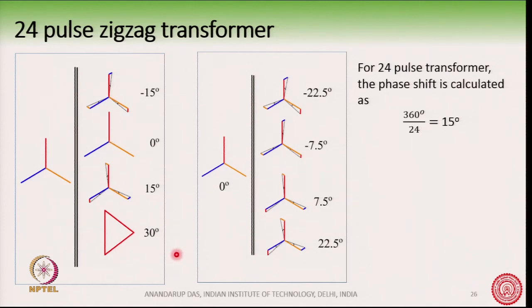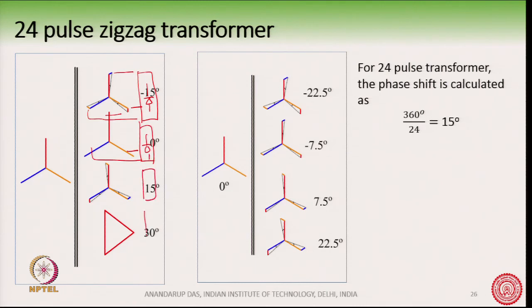Because for a 24 pulse we require 4 secondaries, each rectifier gives 6 pulses. Of course, we have 4 rectifiers connected here, which we have not shown. If you see here, these outputs are connected to a rectifier. This output is again connected to a rectifier.